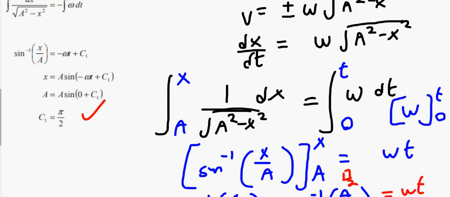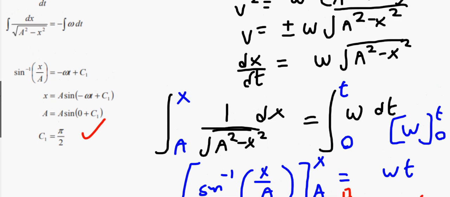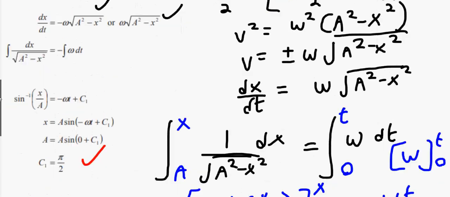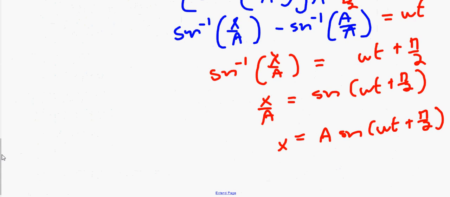Now, what does it want from me then? Basically, sine of pi over 2 plus something is the same as cos. That's what I wanted in that form. Did you want it in cos or sine form? They want it in cos form, and that's why it doesn't matter if it's positive or negative, because with cos you're going to get the same answer either way.